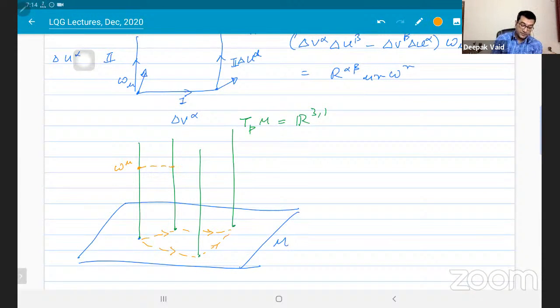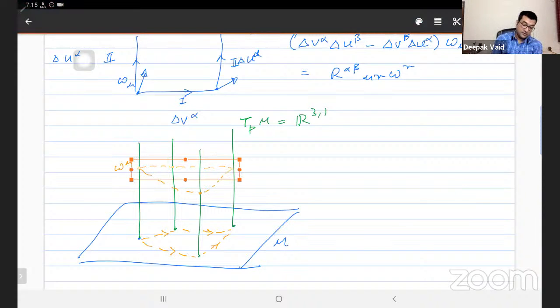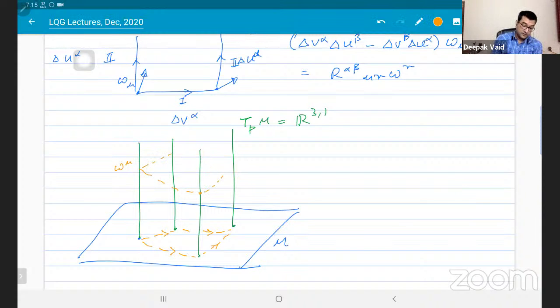Omega changes as I move along these paths. So here omega becomes something else, here it becomes something else.